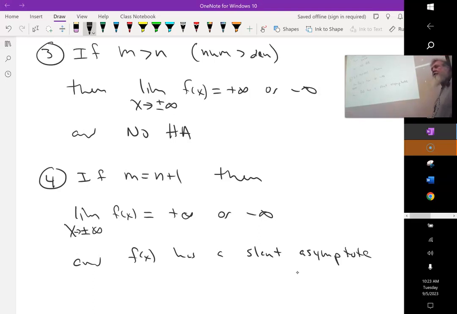So if you have one more degree, you're going to have a slant asymptote. It's going to be a line, and we're going to practice our long division of polynomials, which many of us haven't done in ages.